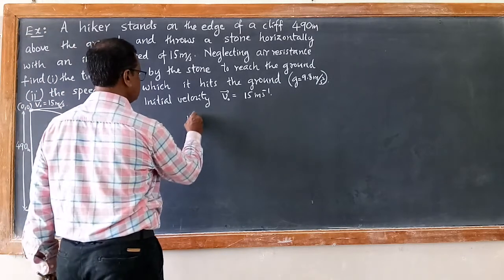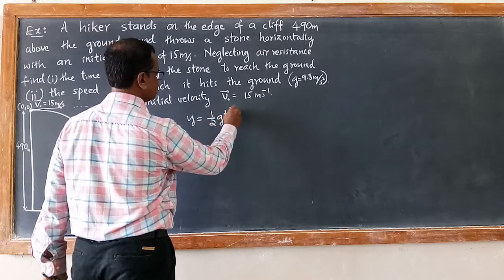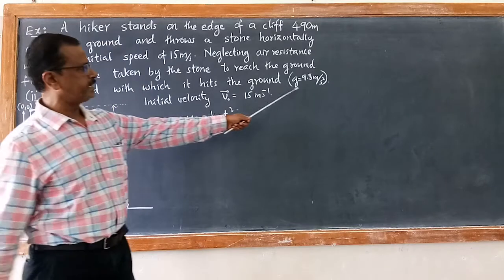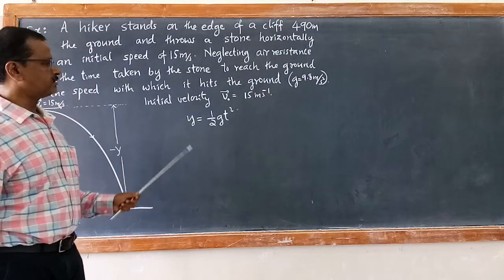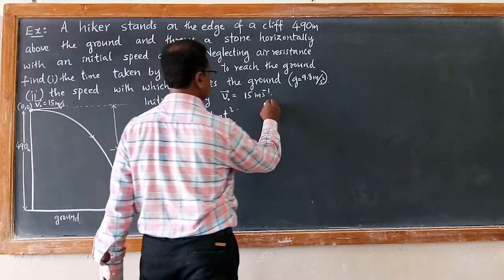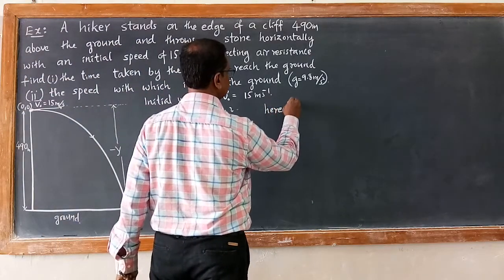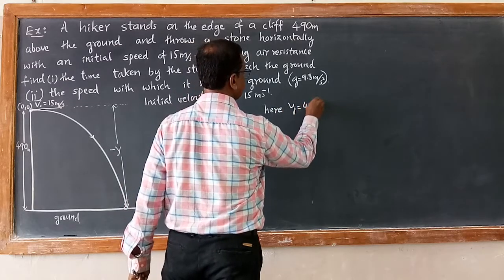Therefore, y is equal to half gt square. Here you are asked to take g equal to 9.8 meter per second square, and the height y is 490 meter.